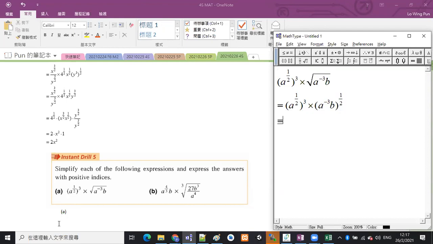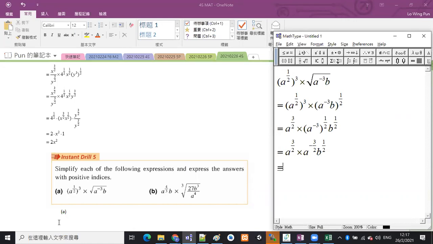Okay, and then we have power of power for the first term, so we just multiply the powers together, and then for the second bracket, we have two parts inside the bracket. So the A power -3 can share the power 1/2, and then the B can also share the power 1/2. Okay, and then this one is just copy, and then we will calculate the A -3 to the power 1/2 first. It becomes A to the power -3/2 times B to the power 1/2.